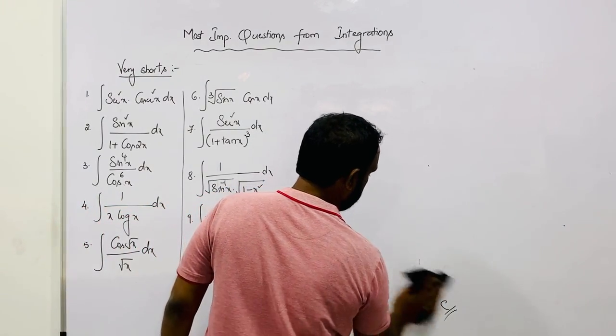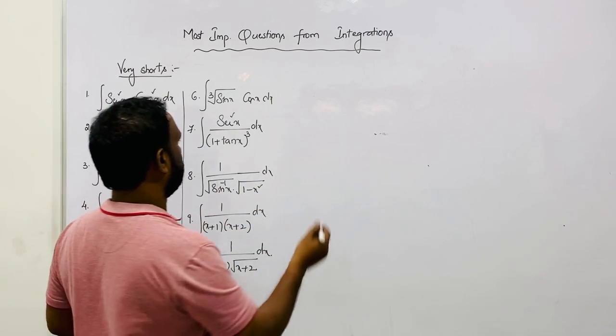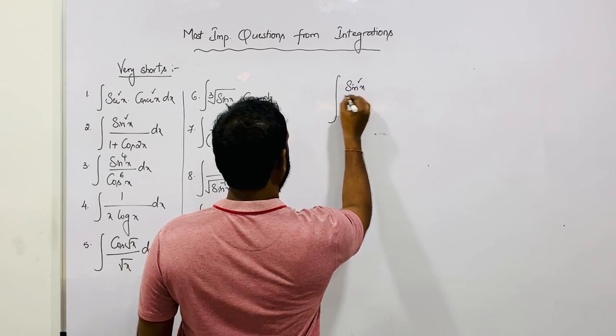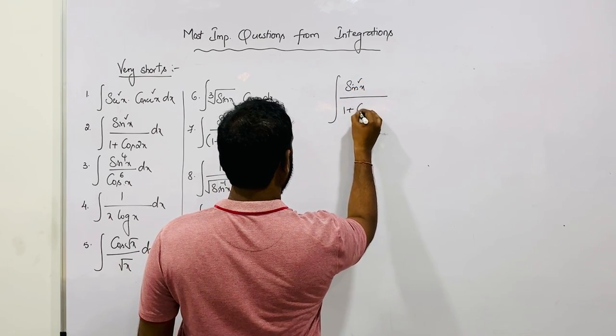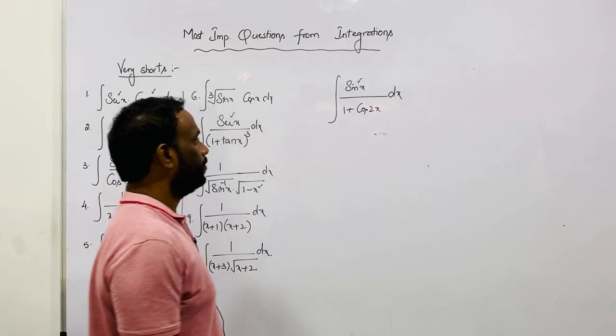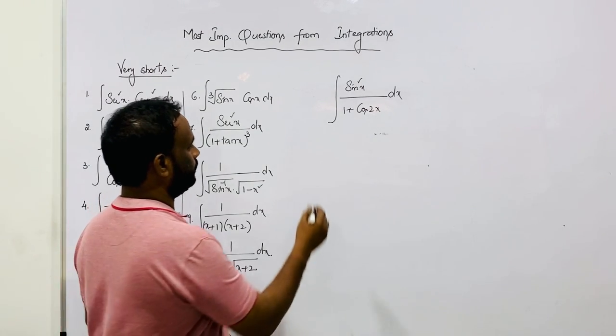Now let us move to the next question, that is integral of sin square x divided by 1 plus cos 2x dx. Now here in this problem let us change the denominator.